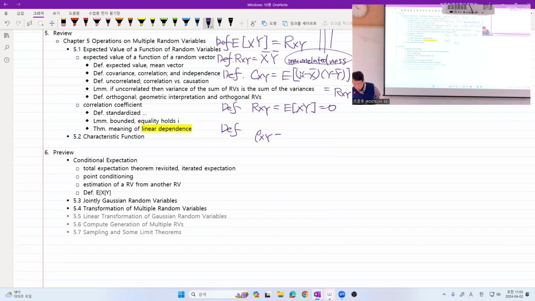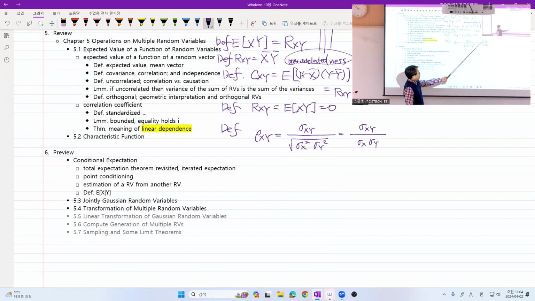Given two jointly distributed random variables, we may define the ratio of the covariance between X and Y to the square root of the variance of X times the variance of Y, which means we have the standard deviations multiplied, and the covariance between X and Y. As this notation clearly shows, the numerator has the unit of the product of the units of X and Y, and the denominator has the unit of X times the unit of Y. So as I emphasized, the correlation coefficient is a unitless quantity.